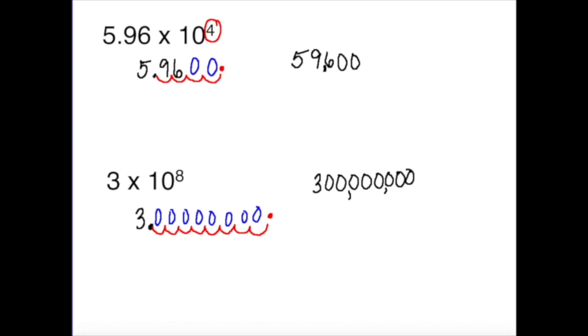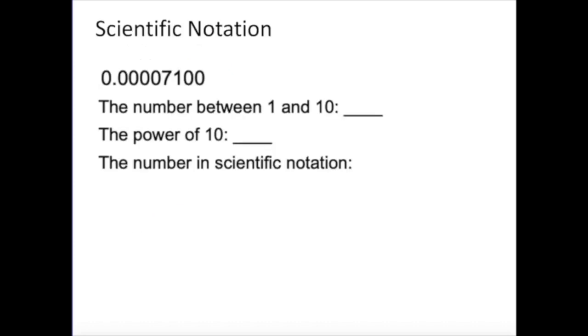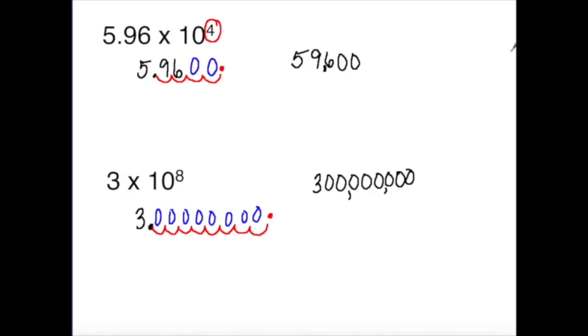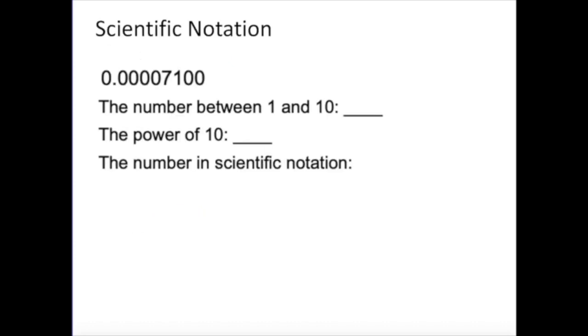So now we need to think about really small numbers and going in that direction. So when we have a very, very small number, we're going to use the same process. But when we had a large number, the power of 10 was positive. So now that we have a very, very small number, we'll use a negative power of 10.